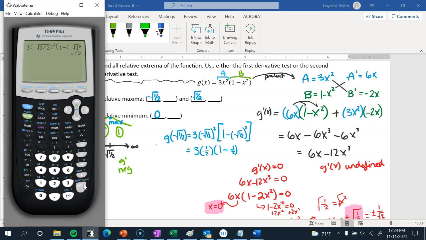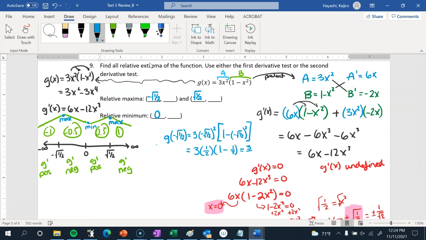Should be 3 volts. And it's going to be because it's going to be 3 times a half times another half. So 3 times a fourth, that's 3/4. So that y value is 3/4.